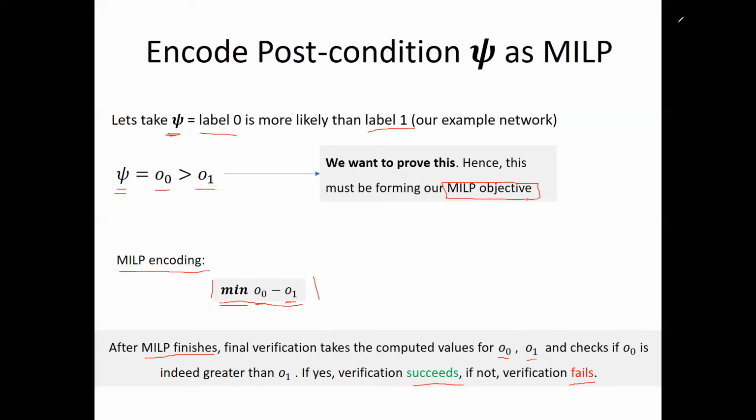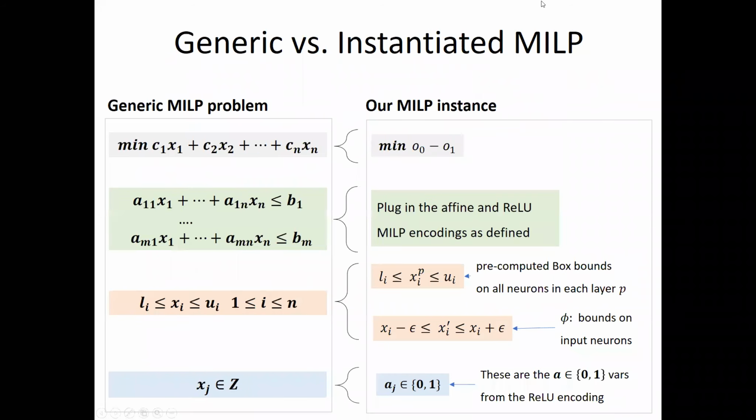So now let's see how the entire end-to-end thing would look like. Here is the following situation. On the left is the generic MILP instance. How would you state a MILP encoding?